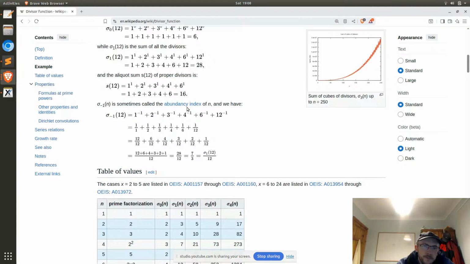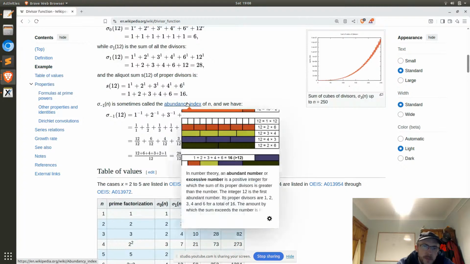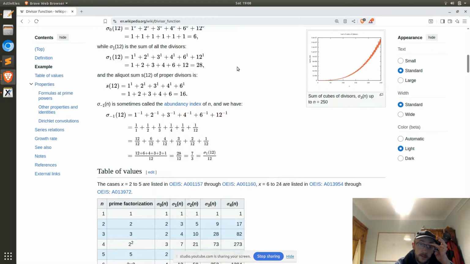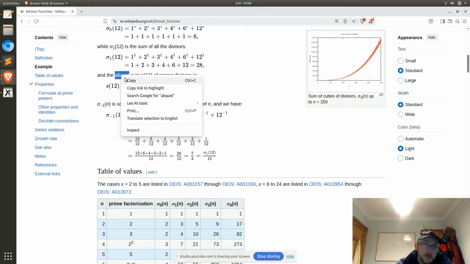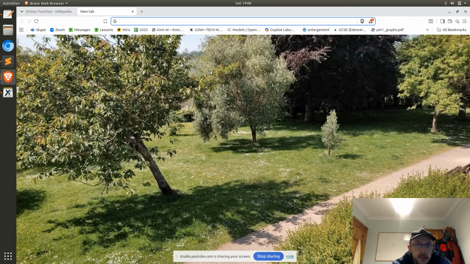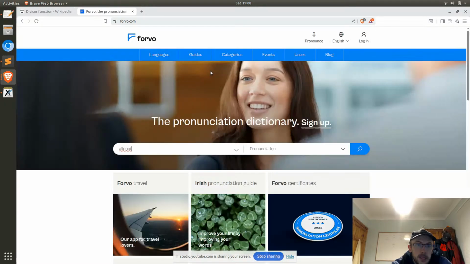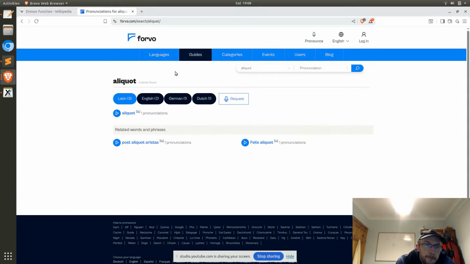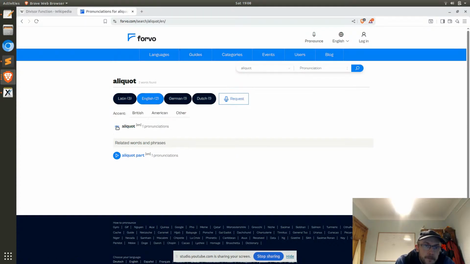Okay. Abundancy index. Sum of the proper divisors. Now, I don't know how to say that, so I'm going to go to Forvo, type it in, aliquot.